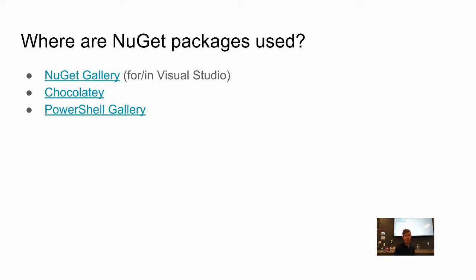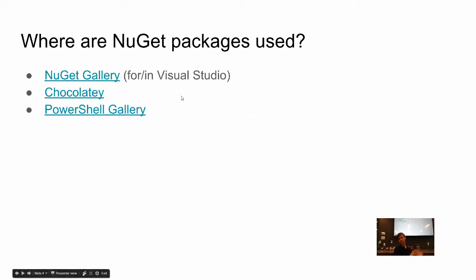Now, a lot of you, if you have been in the .NET community for a while, will be familiar with the NuGet gallery. The NuGet gallery is where we see all of the standard published public NuGet packages. There are other repositories for NuGet packages also. Chocolatey is an application used for installing software on Windows, and it's very convenient, right?